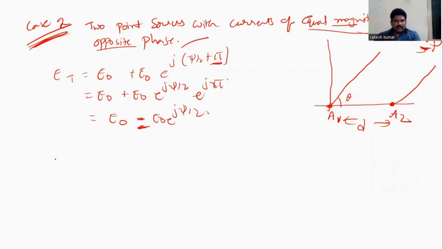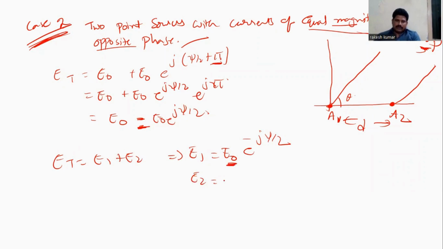Let us consider the total electrical field at point P is E1 plus E2, whereas the value of E1 is equal to E naught into e to the power of minus j psi by 2, because the magnitude is the same. E2 is equal to E naught into e to the power of j psi by 2.